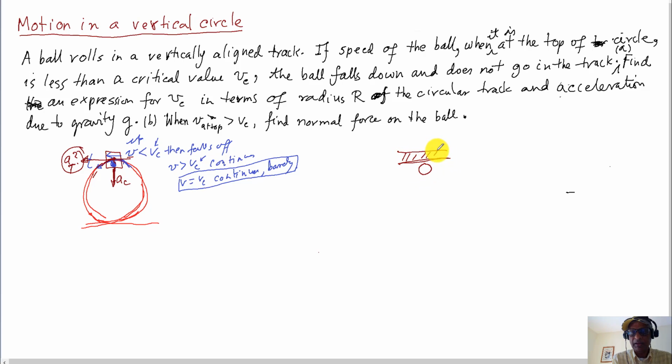The acceleration is this way, centripetal acceleration, and the ball is moving this way. Its magnitude is v square over r, if the radius of this is r.